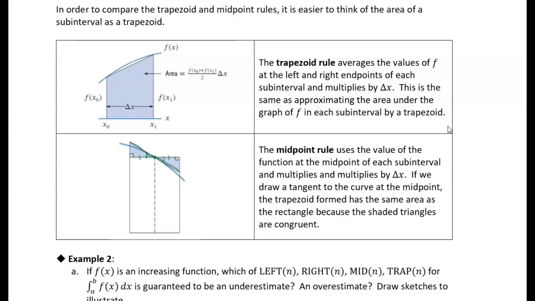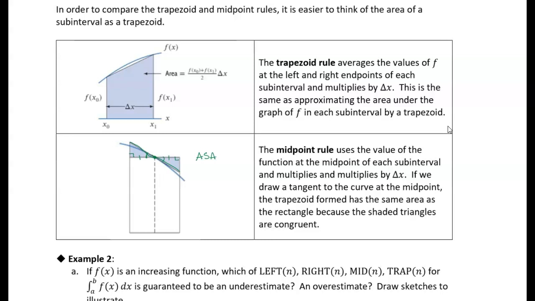So if you look at these two triangles, they are congruent, by ASA. If you remember any of your high school geometry, if you have two angles and the side between them congruent, then the two triangles are congruent.